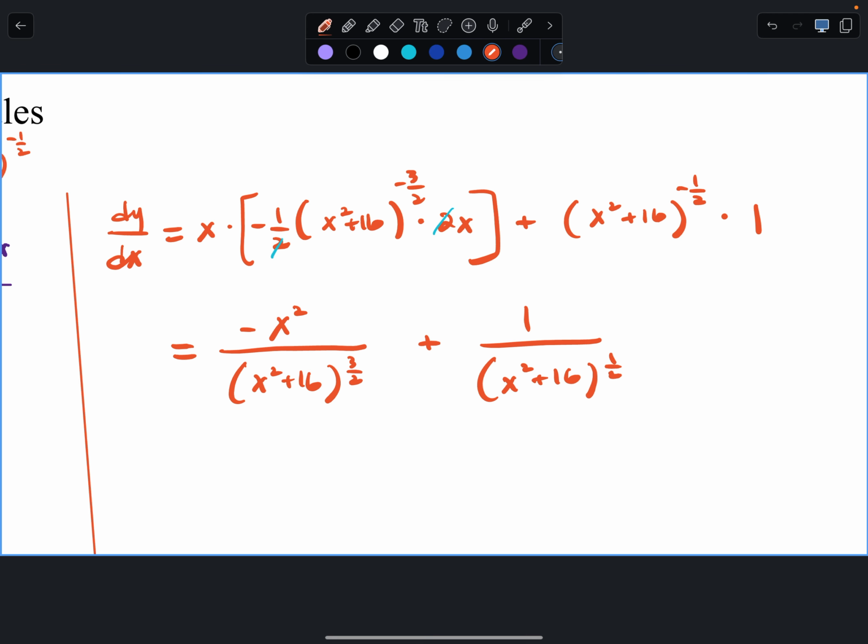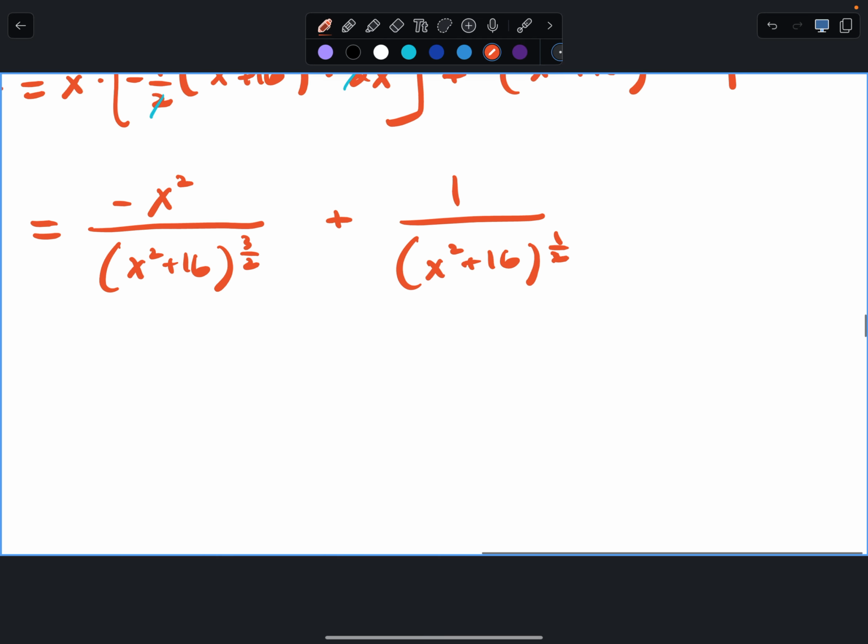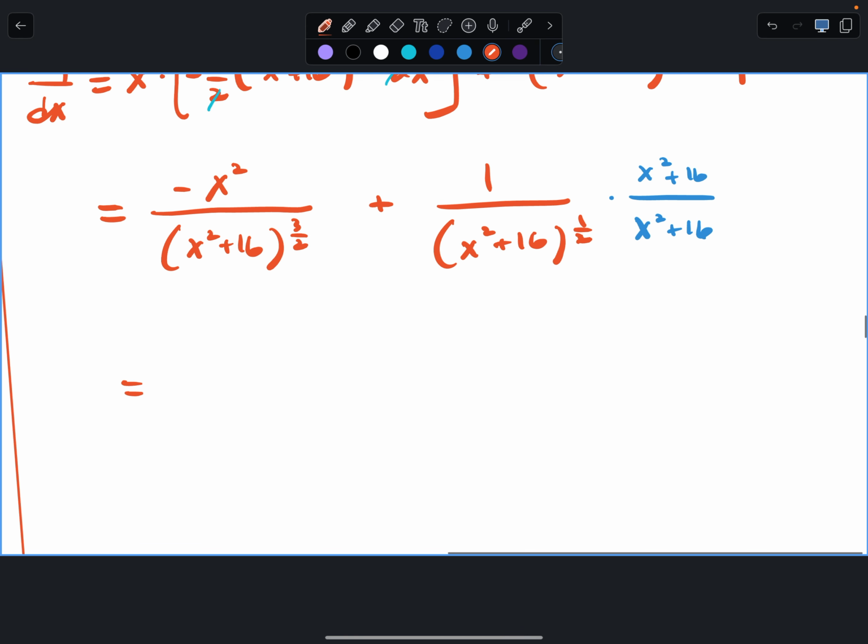Okay, and then if we wanted a common denominator, wouldn't we want to multiply this by x squared plus 16 over itself? Do we have to make them into one fraction? No, for this you do not have to. There will be a time, in terms of applications, where you would want to get a common denominator for a derivative that's a fraction. So we could just leave it in the order.